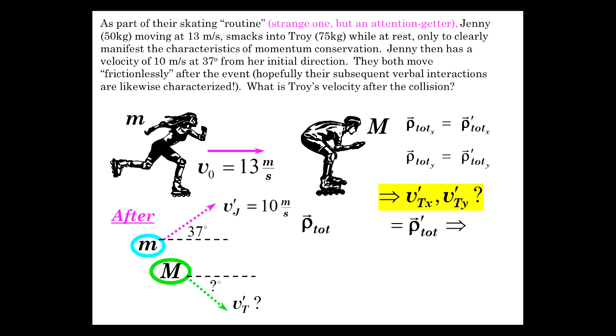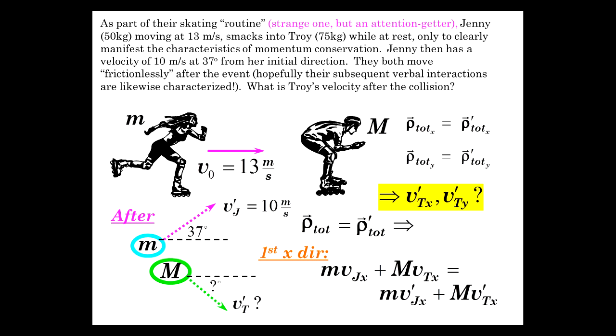So the total momentum before is the total momentum after. Let's first consider the x direction. We'll do the total momentum in the x equation, which is mass times velocity of Jenny plus mass times velocity of Troy, and that's equal to the same quantities after: mass of Jenny, velocity of Jenny, and mass of Troy, velocity of Troy after.